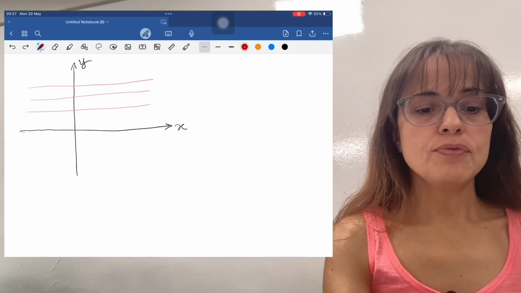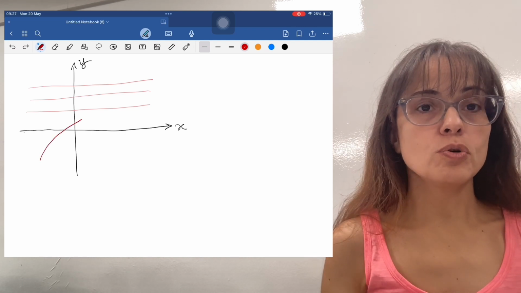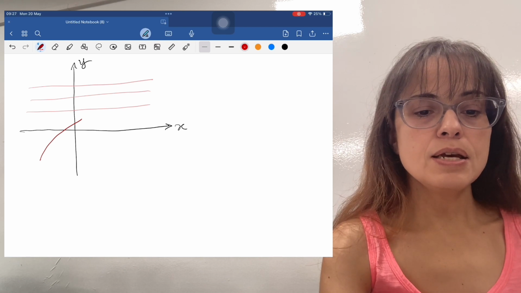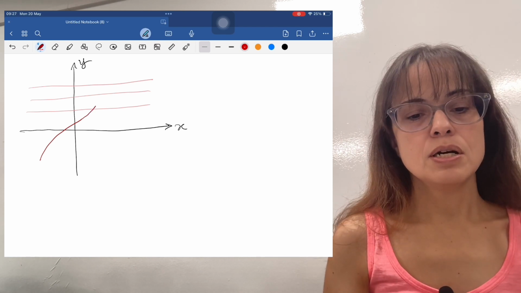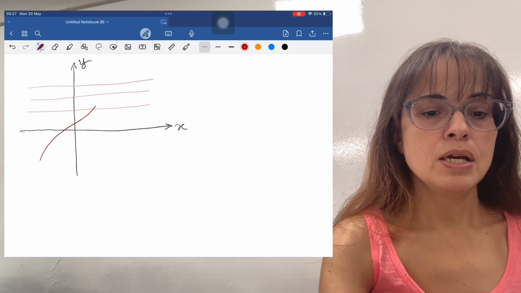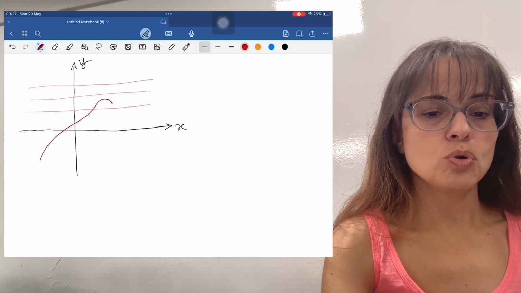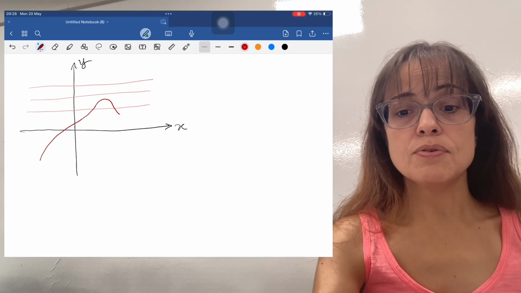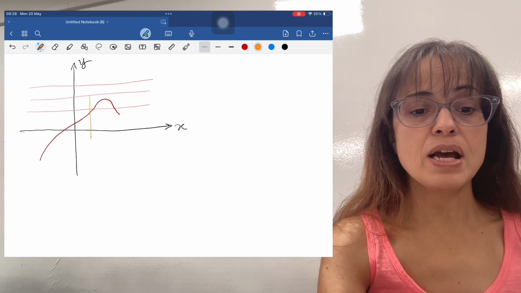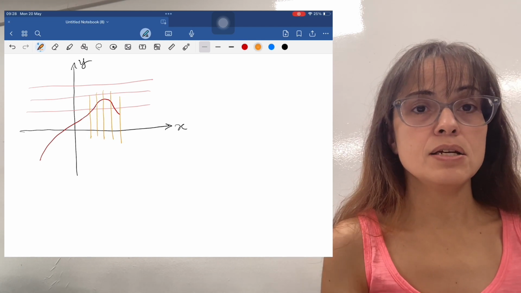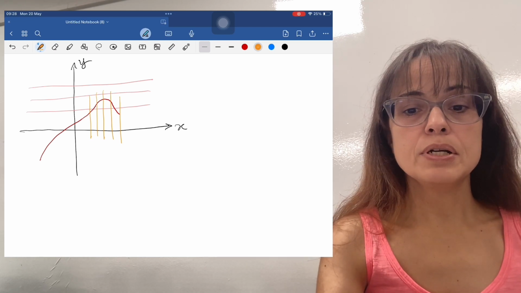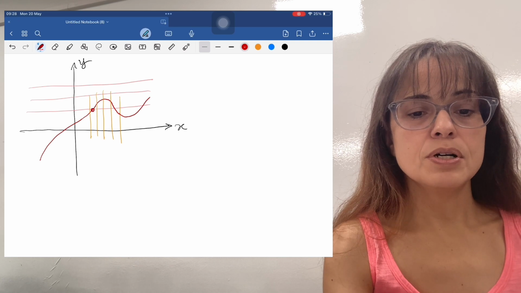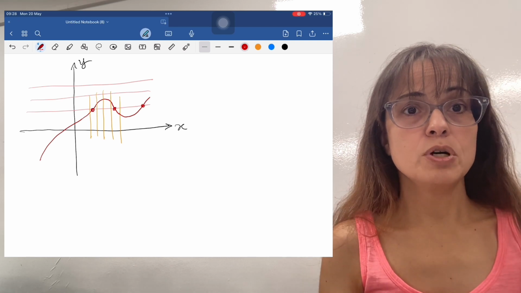Now, the only way for a function to not pass the horizontal line test and therefore to not be an invertible function is if once it crosses a particular horizontal line, it comes back down and crosses it again. This doesn't stop the function itself from being a function because it is still passing the vertical line test here as it goes up and down, but because it went up and down, it's crossing the horizontal line multiple times.